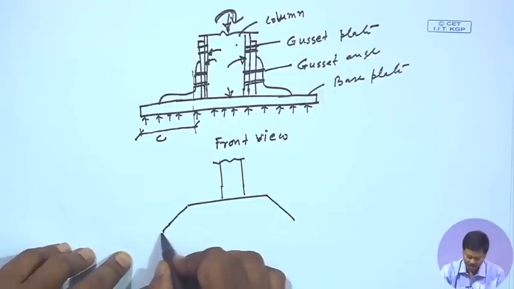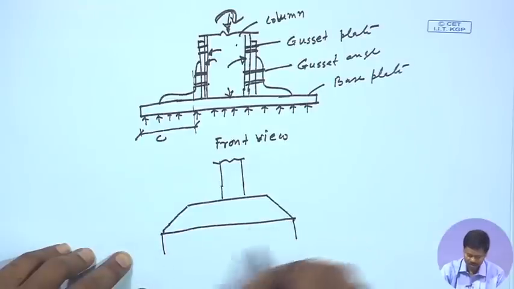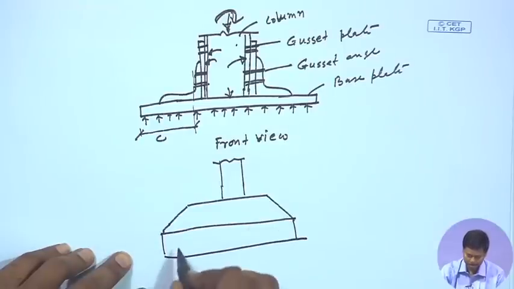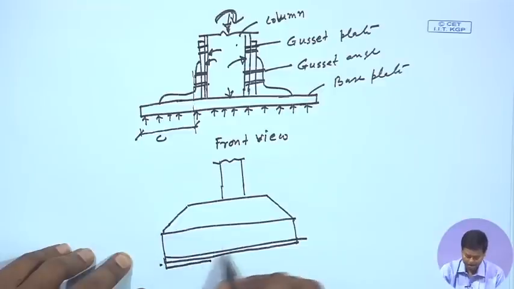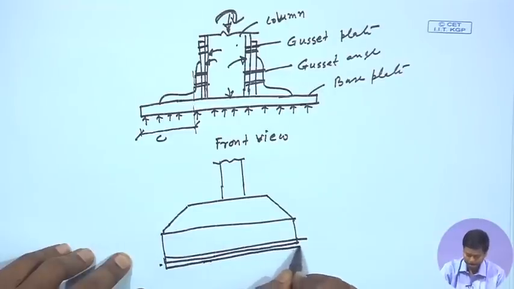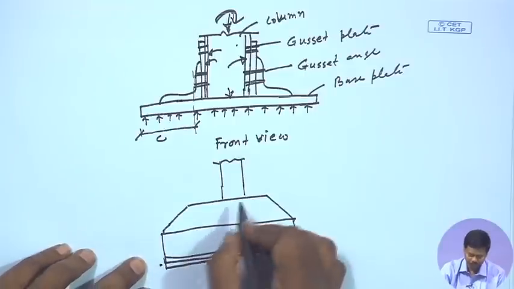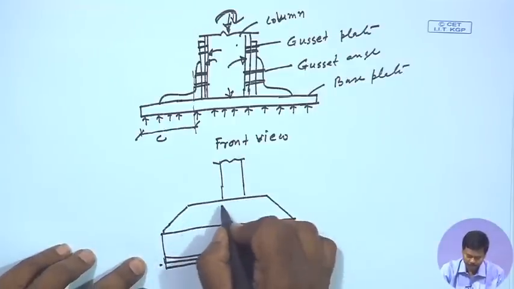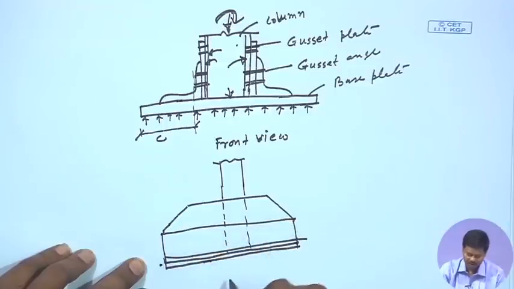This is the gusset plate and this is the gusset angle, then the gusset angle arm thickness, then the base plate, right. So, here we are basically seeing the side view.